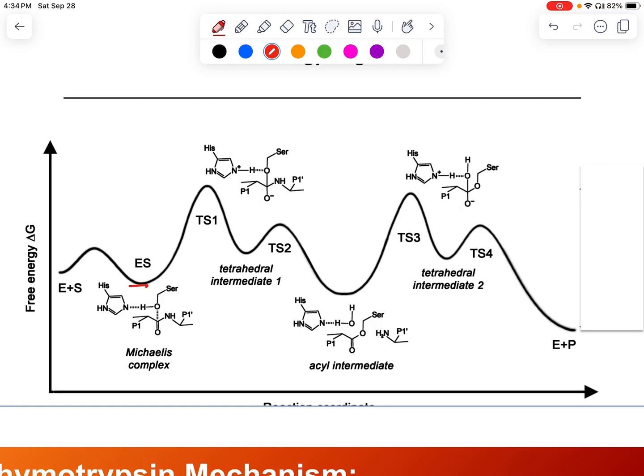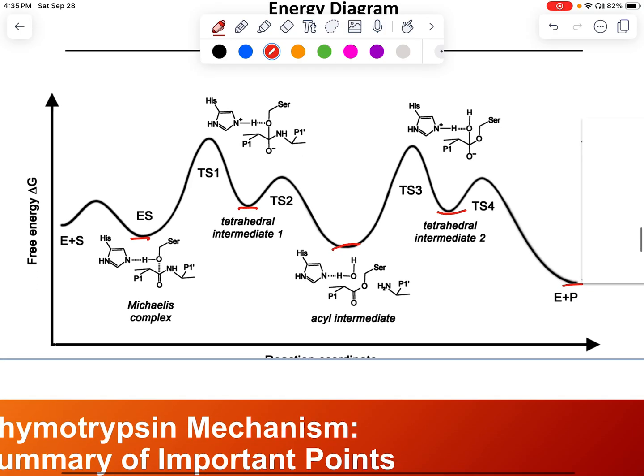So there was our original complex when the peptide first went into the active site. Here's that first tetrahedral intermediate. Here's that acyl intermediate. Here's that last tetrahedral. And then we're finally at products. Each of those hills is a transition state to get over. So that's kind of what that looks like, just thinking back.